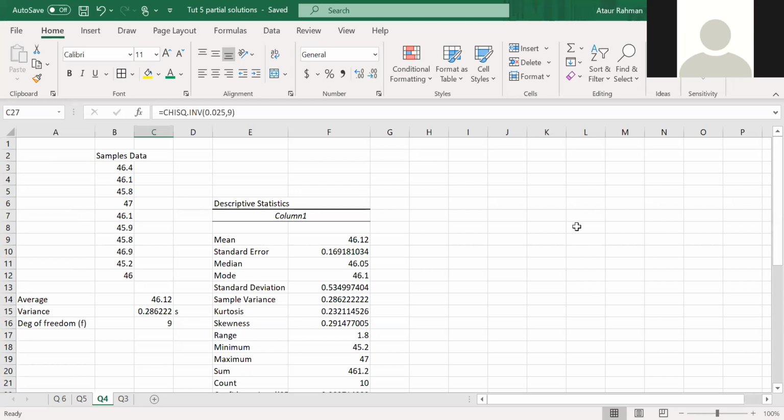So in this case, we have to use a chi-square distribution. The samples are given here. So these are my data here, sample data.